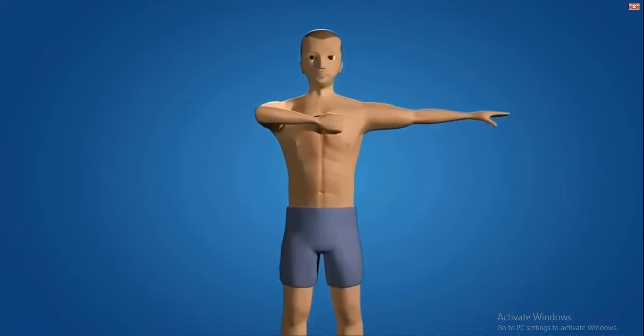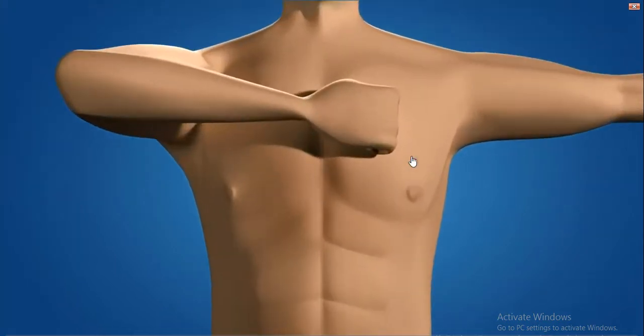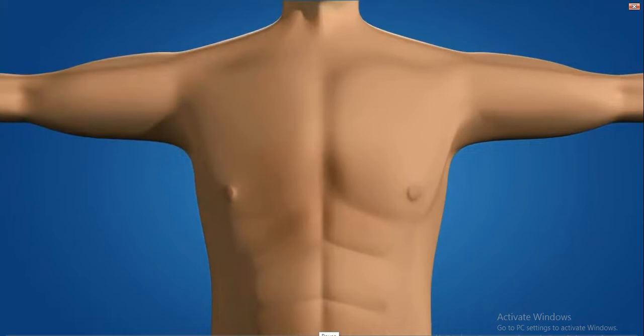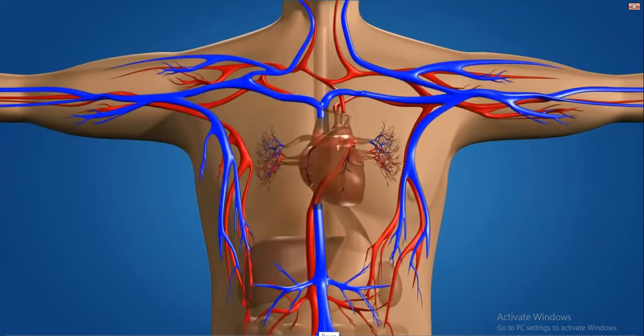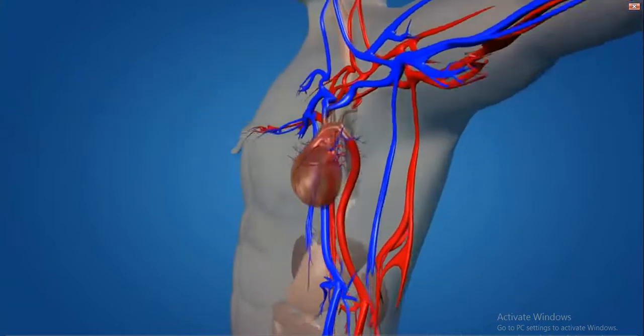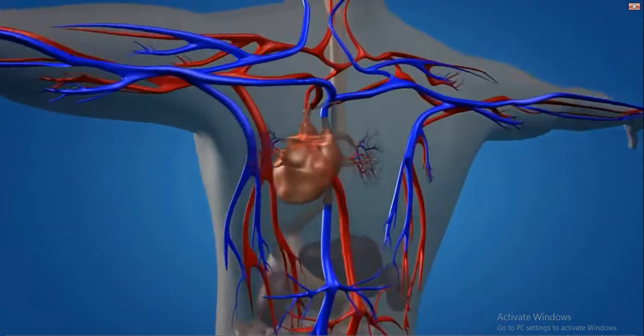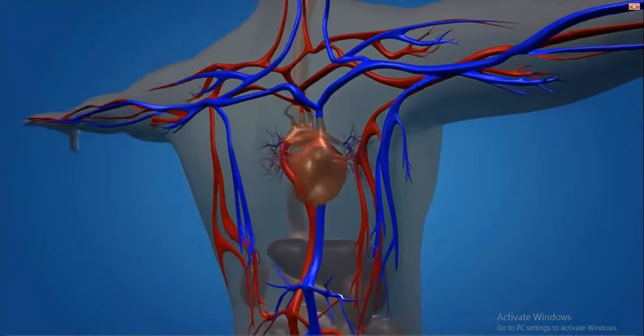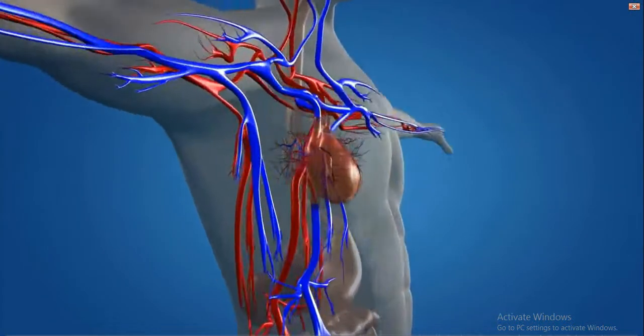In this lesson, we mainly discuss the main organ of this blood circulatory system, as given in this picture. You can see that that is the heart. Now in this lesson we discuss the main function of the heart.